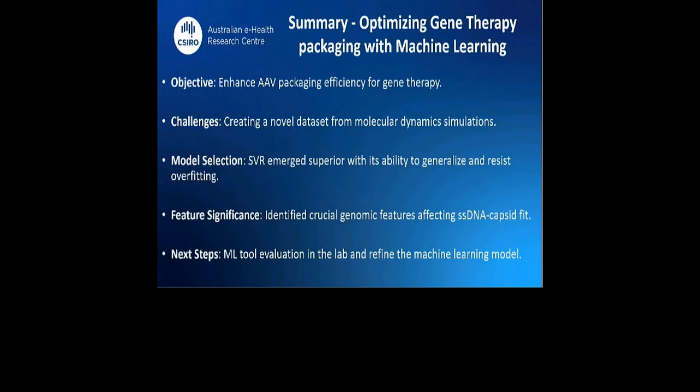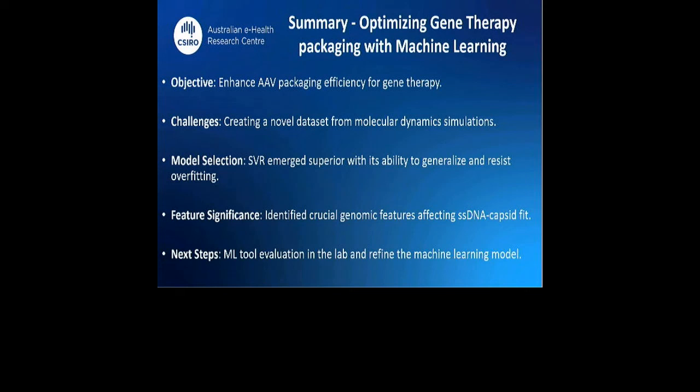And so to summarize, our project aims at addressing a bottleneck of the field, which is the packaging limitation for AAVs. By leveraging cutting-edge machine learning, we've been able to unravel the key factors that influence the fit, and we've developed a machine learning tool that predicts how a random DNA sequence fits into a capsid. This journey has been challenging. At first, we didn't have a data set, so we had to create it ourselves using molecular dynamics simulations.